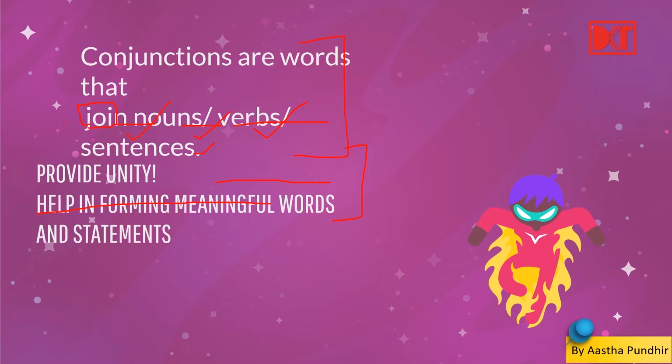Conjunctions are words that join any nouns, verbs or sentences. Alright, तो यही आपको याद रखना है बस कि जो words join कर रहे हैं, joining, join करने का काम, unity provide करने का काम, meaningful words and statements बनाने का काम, वही होते हैं conjunctions.